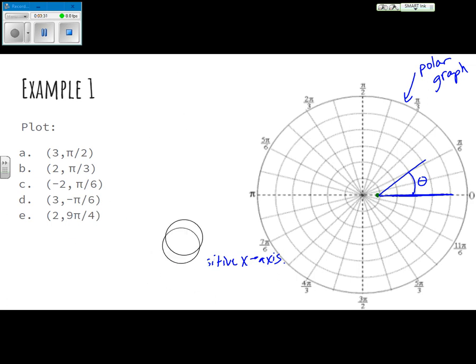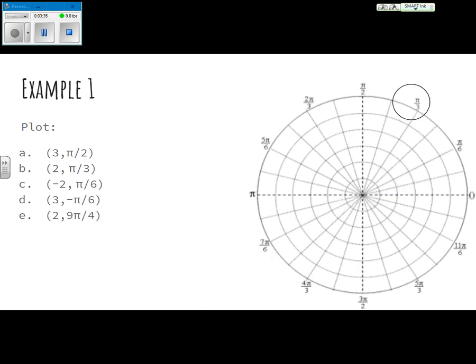It's going to be a number followed by an angle. What makes the most sense to me is to deal with the angle first. Well, I'll just go pi over 2 units. So that just means I'm going to start from the pole right here, and I'm going to go over pi over 2 units. So that my point is going to be somewhere on this terminal side of that angle that ends at pi over 2.